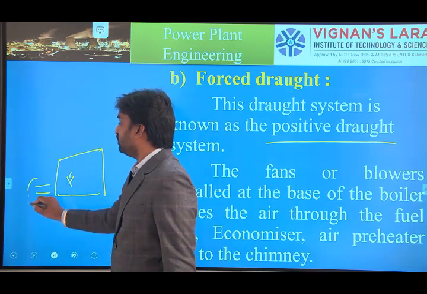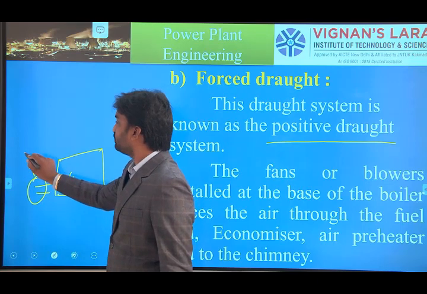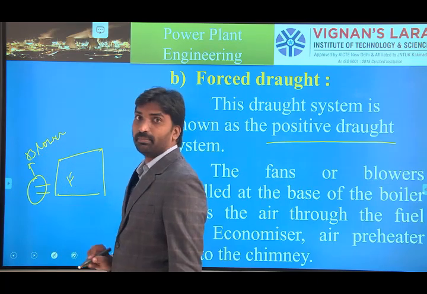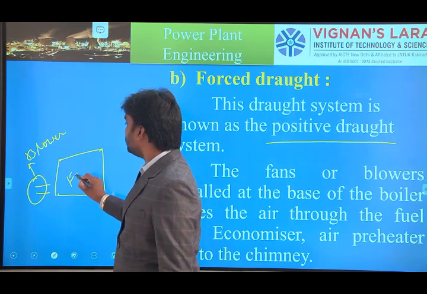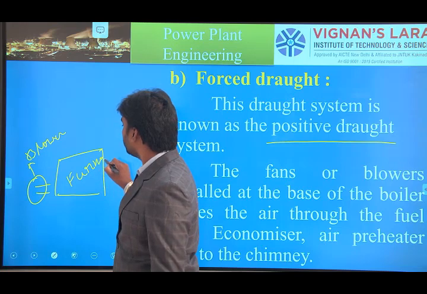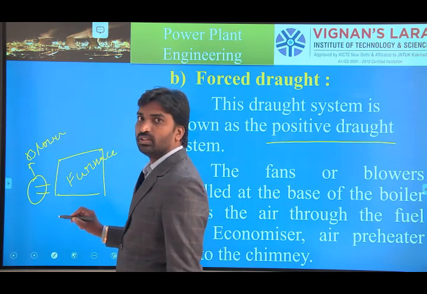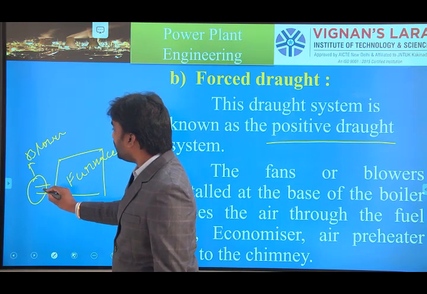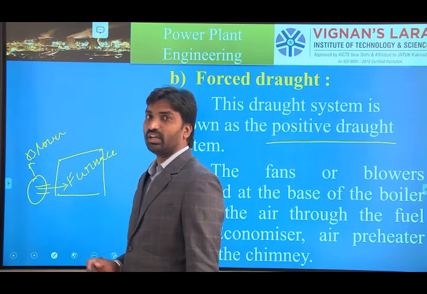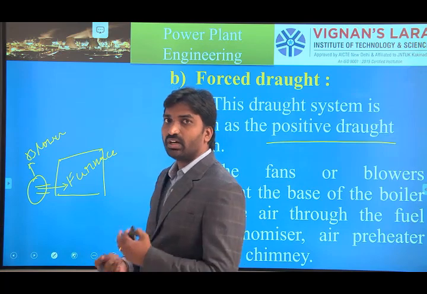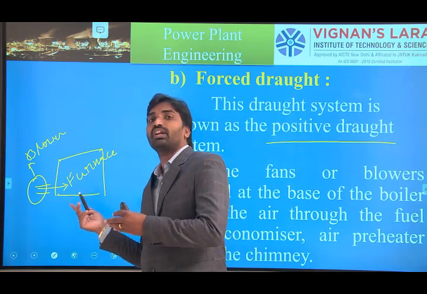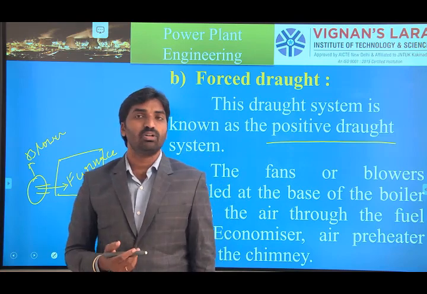So here we are placing the blower, and this is the furnace. The blower sucks the air from the atmosphere, and it creates high pressure and gives proper combustion with a high amount of air.